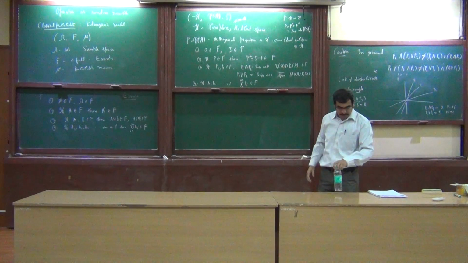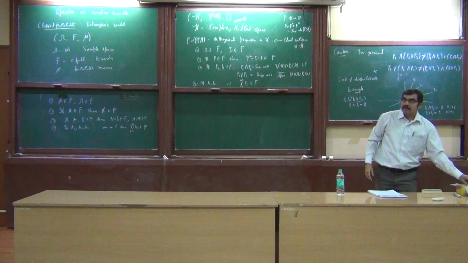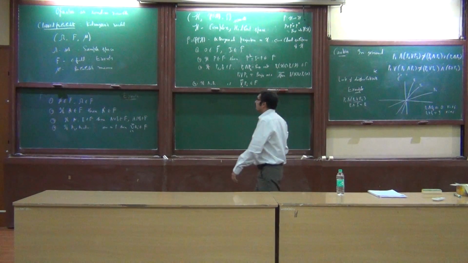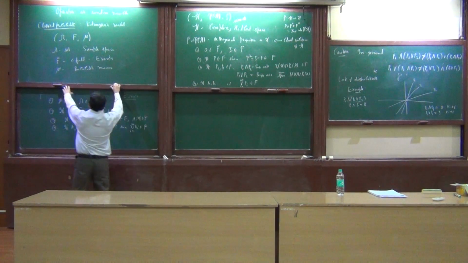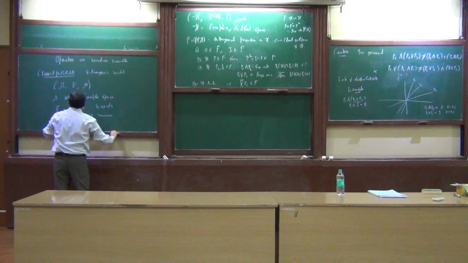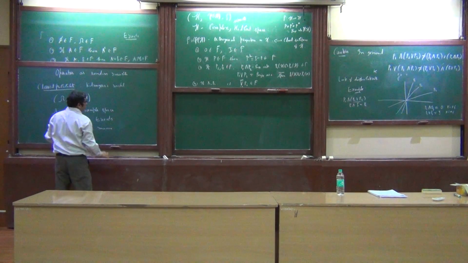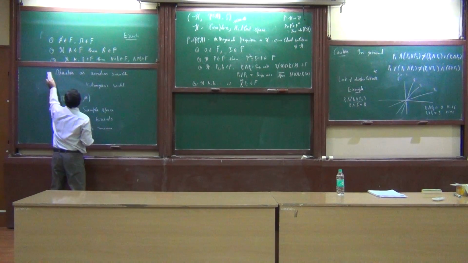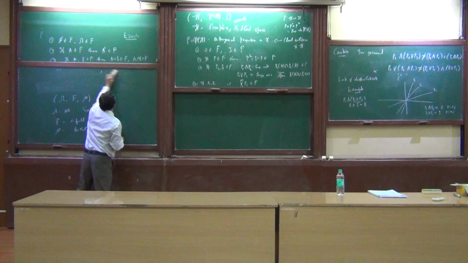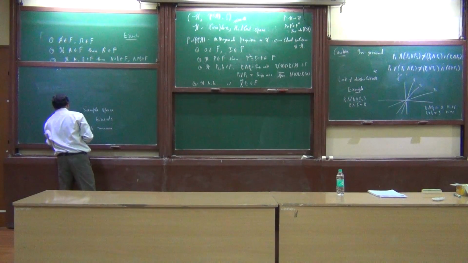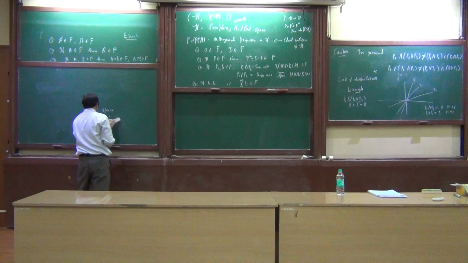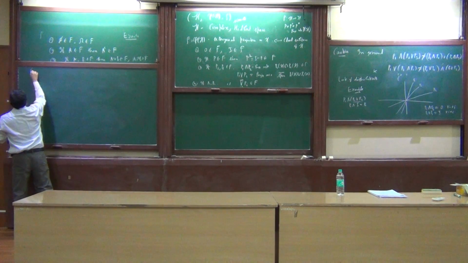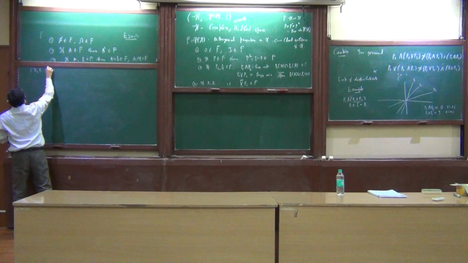So next, we want to assign probabilities. We have this omega and mu. So what is mu?